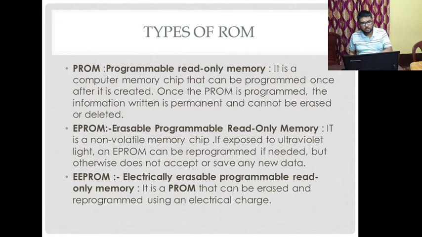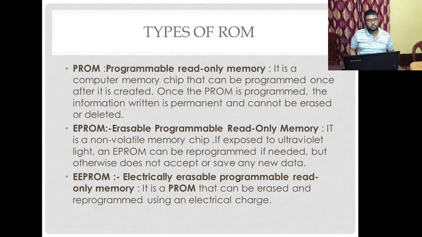Then there are three types of ROM. PROM, programmable read-only memory. These are kinds of ROMs that can be programmed only once. Once it is programmed, it is permanent. Then comes EPROM, erasable programmable read-only memory. It is similar to PROM.